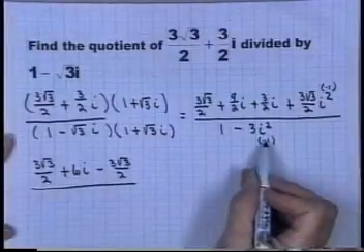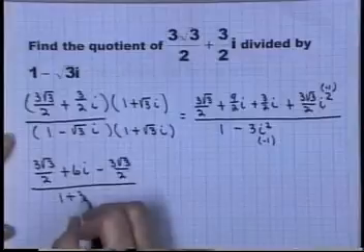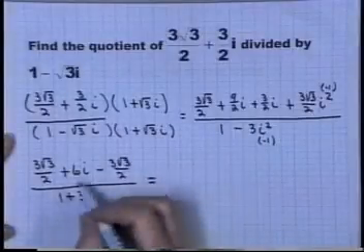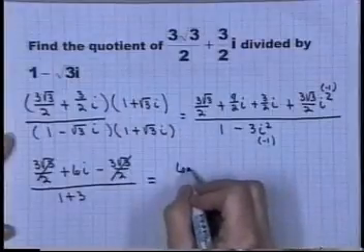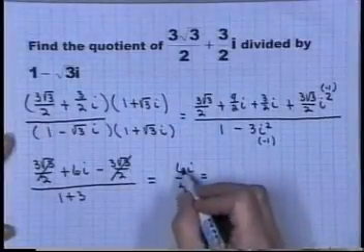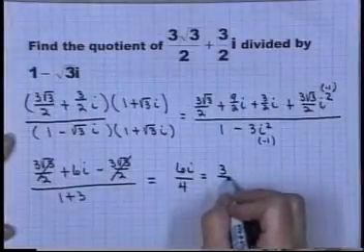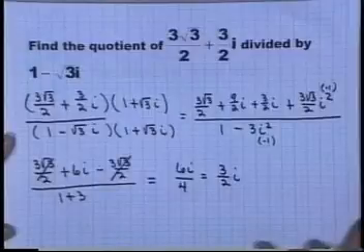In the denominator, this will change this to a plus, so I have 1 plus 3. Okay, well notice in the numerator, these cancel out. So I have 6i over 4, and I can reduce dividing by 2. I get 3 halves i. I'm going to write it in that format, 3 halves i.